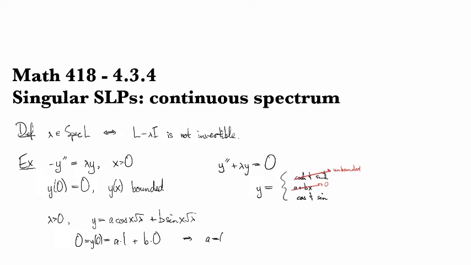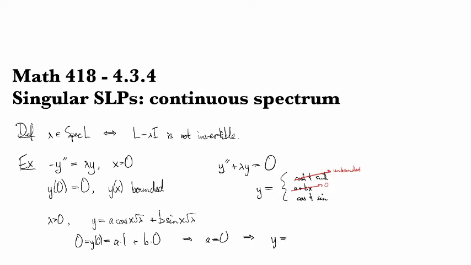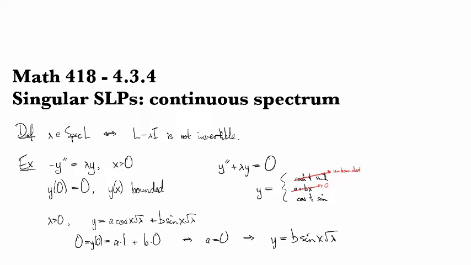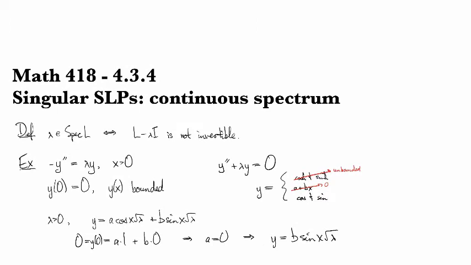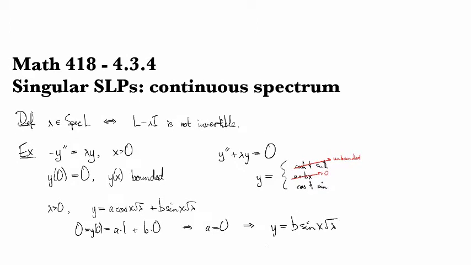So a is 0, and we're looking at some sine function like this. And then our other requirement is that it be bounded, but that doesn't really throw anything out. This is always bounded. I mean, it threw out the case of negative or 0 in the spectrum, but it doesn't help us pin down anything more about what the possible values for lambda are going to be.